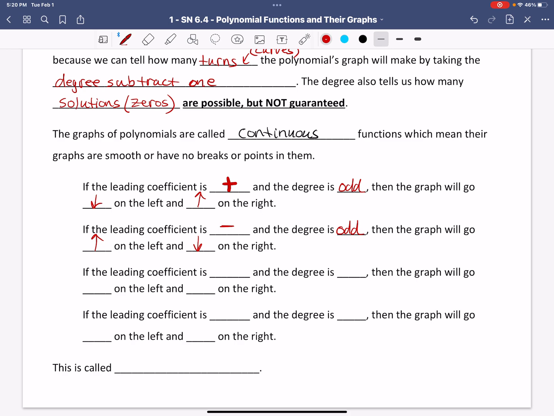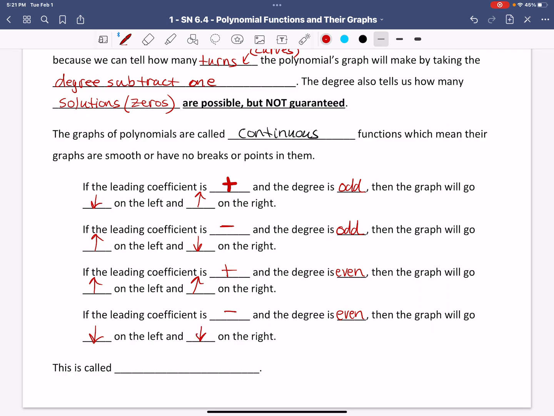All right. If the leading coefficient is positive, but now we're going to change the degree to an even number, like 2, 4, or 6, then the graph will go up on the left and up on the right. If the leading coefficient is negative, but the degree is still even, then the graph will go down on the left and down on the right.